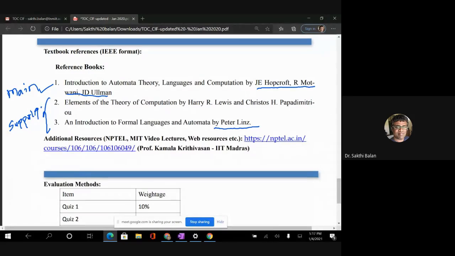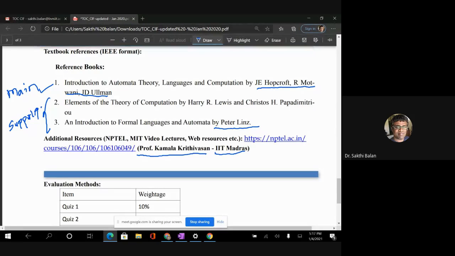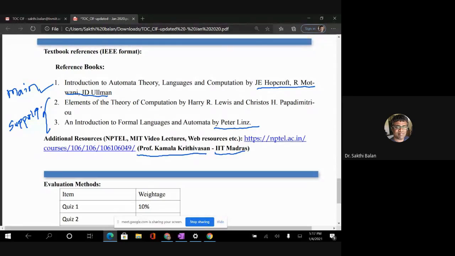And then there are some additional resources if you want to have a look at some NPTEL videos. You can have a look at this link which I have already given. This is from IIT Madras and Professor Kamala Krithivasan's course, which is on the theory of computation. There are like 40 lectures available. You can have a look at it if you want to have further additional knowledge on the theory of computation.